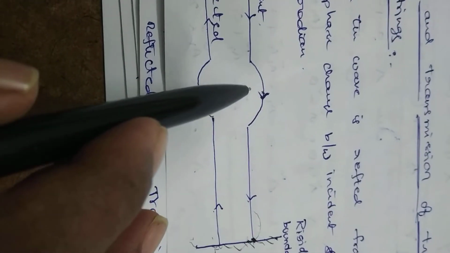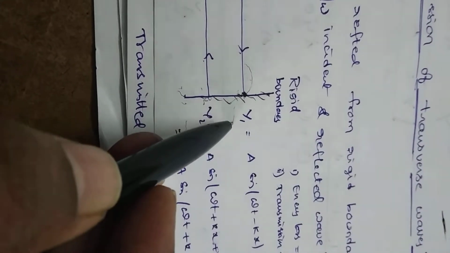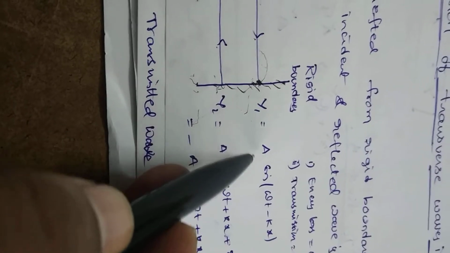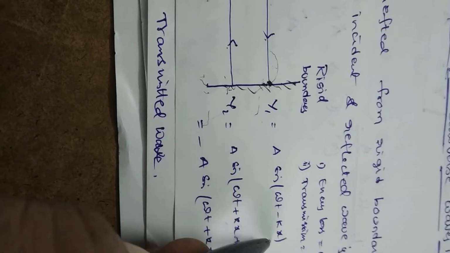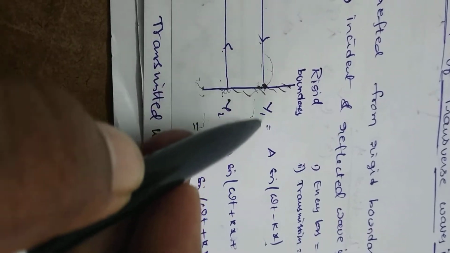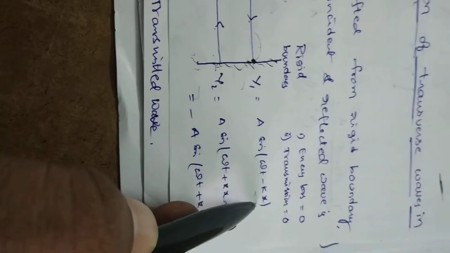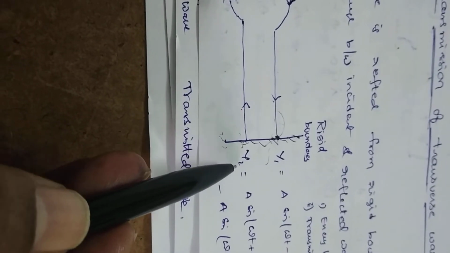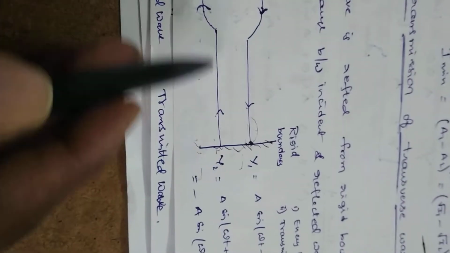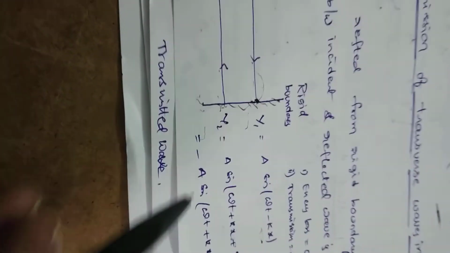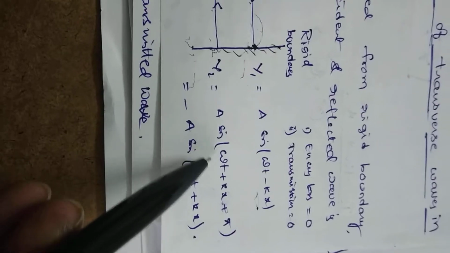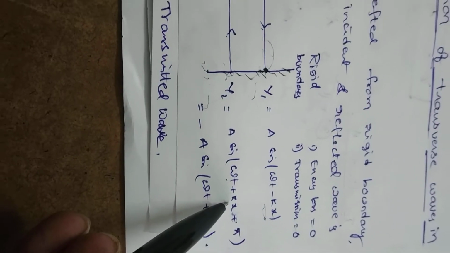As the wave is moving along the positive x-axis, its displacement can be represented by y1 equals a sin(omega t minus kx), because it is moving along the positive x direction, minus kx. So it is reflected back, moving in the negative x direction, which means y2 equals a sin(omega t plus kx).